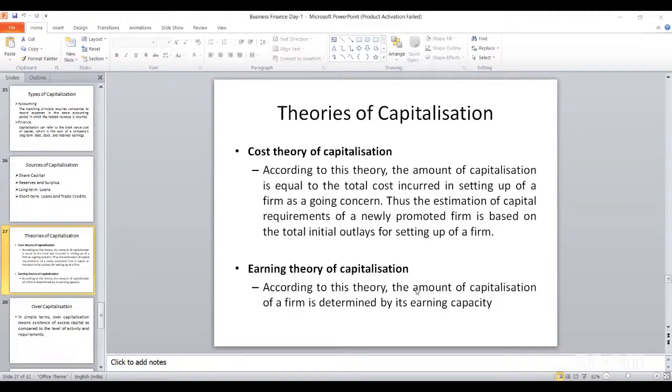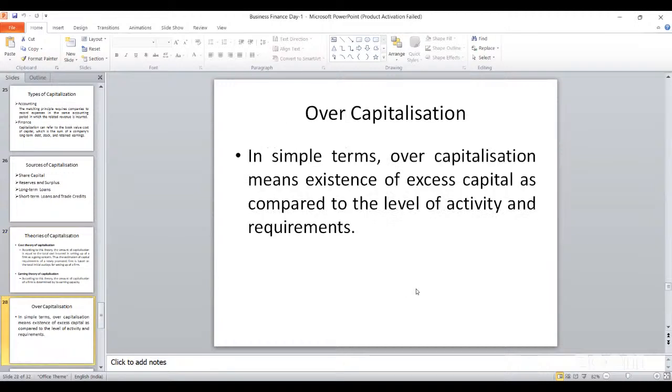This theory is used where a new firm or company has to estimate its annual future earnings, or normal earnings, which are very common in a particular company. Under those circumstances, we use the earning theory.